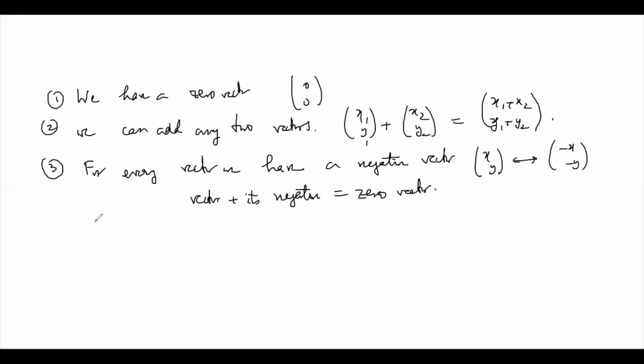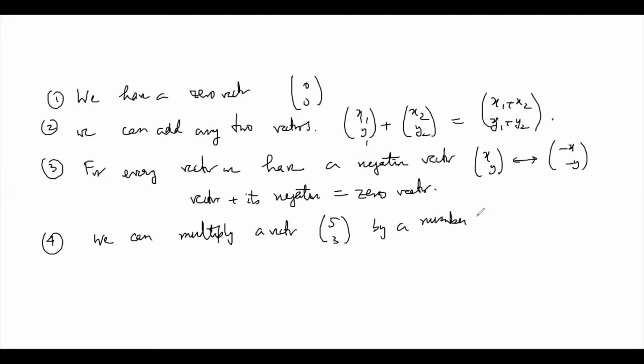Okay, last thing I want to say is that we can multiply a vector, let's say (5, 3), by a number.